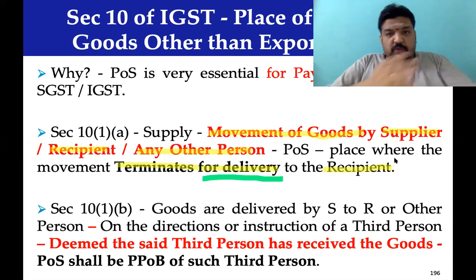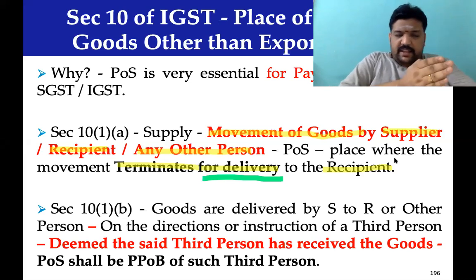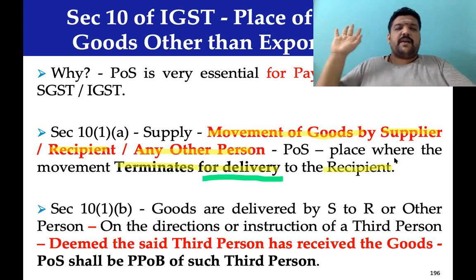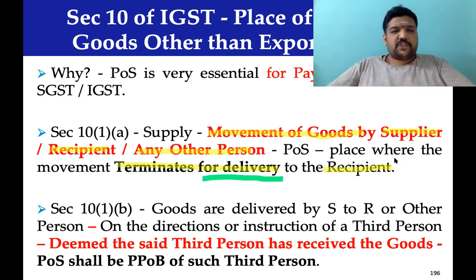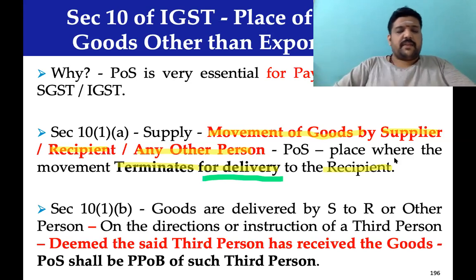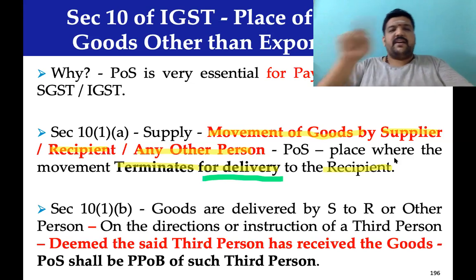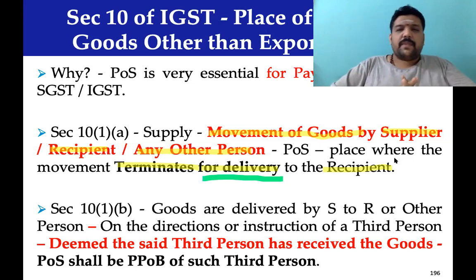In spite of actual delivery, the recipient carries the goods to the customer's location. The place where the movement stops becomes your constructive delivery. So is it actual delivery or constructive delivery? It would be a real fight in GST.